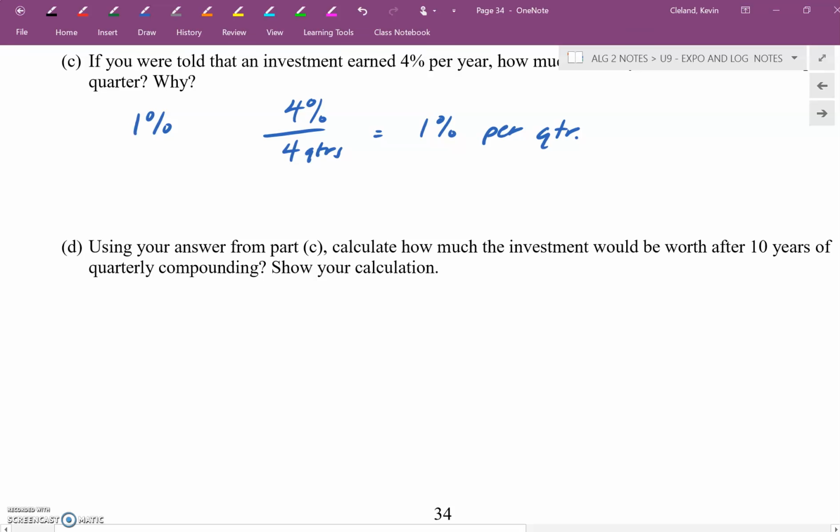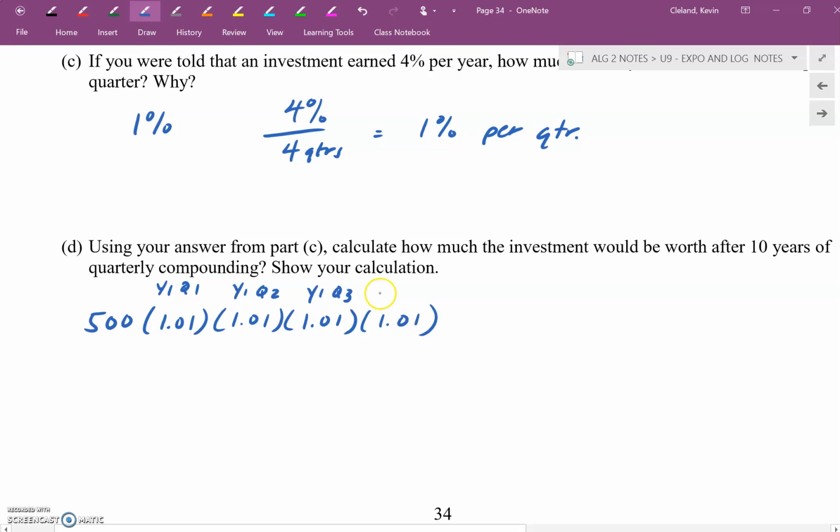So to calculate how much is in this account now, if it's being compounded quarterly, now this, I'm going to need a little more room here, would look like this: 500 bucks times 1.01, for year one, quarter one, then times 1.01 again at the end of year one, quarter two, and then for quarter three, and for the end of year one, quarter four, and then we get finally into year two, quarter one.